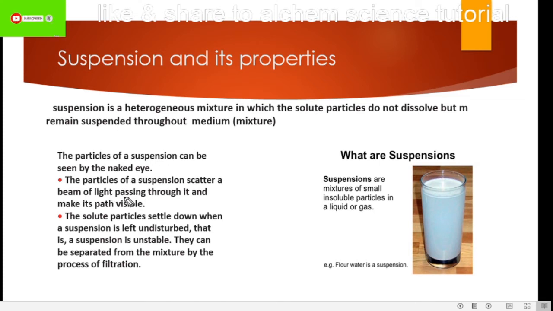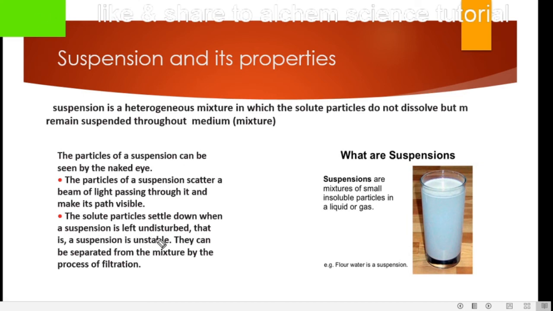The particles of a suspension also have enough size to scatter the beam of light. And the third property is that whenever you leave the suspension undisturbed, the particles present in it easily settle down at the bottom of the vessel.